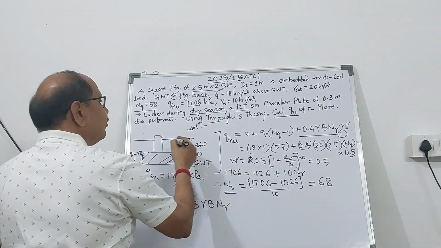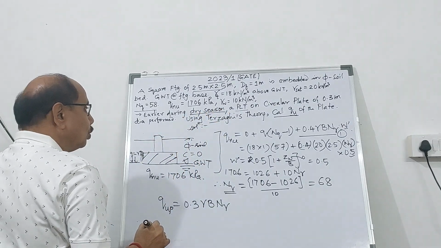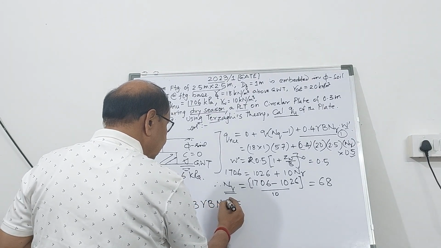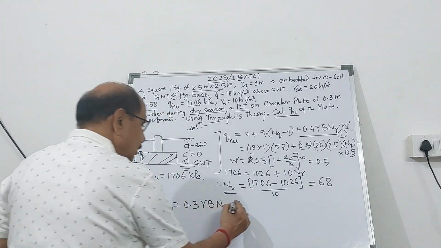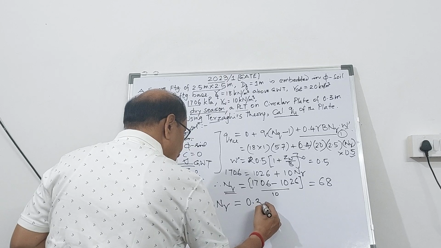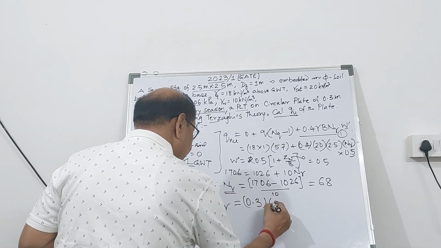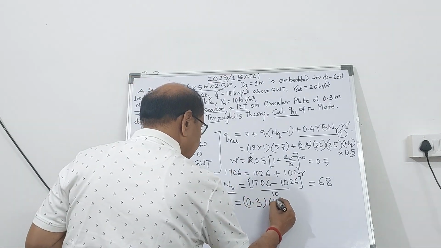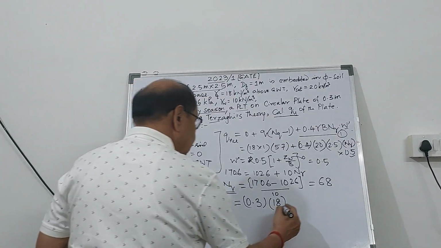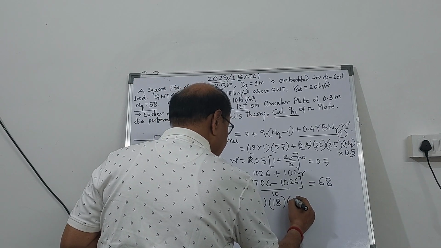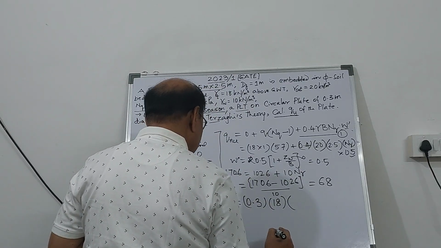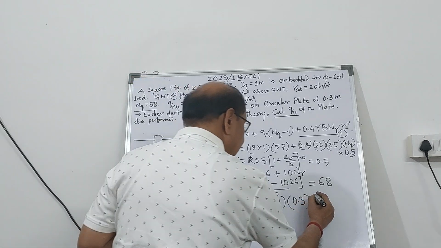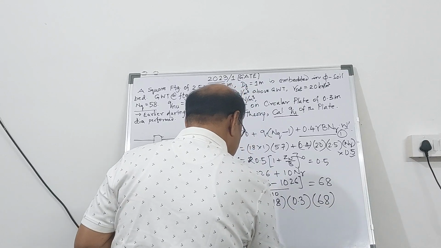So during dry season, there will not be any effect of the water table. Because there is no effect of the water table, W prime will be 1, and therefore we can calculate 0.3 into gamma. So gamma is going to be 18, and the width is the width of the plate, 0.3 meter, and N gamma we have calculated is 68.